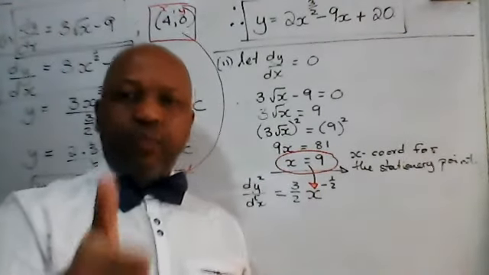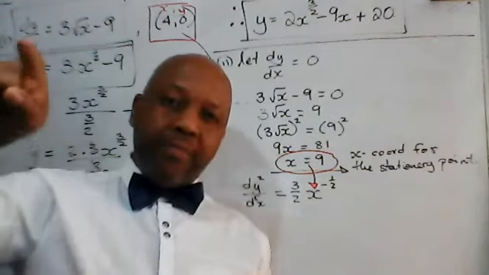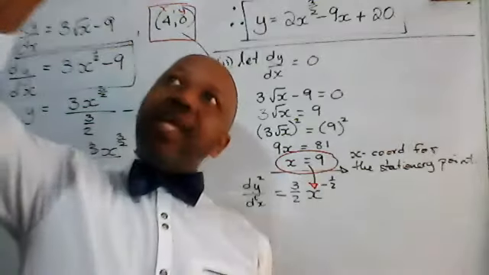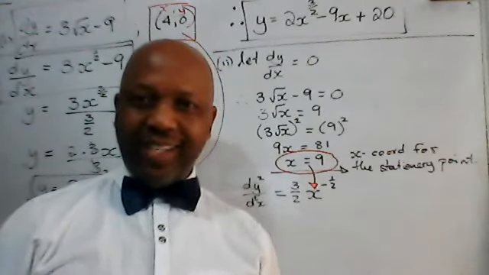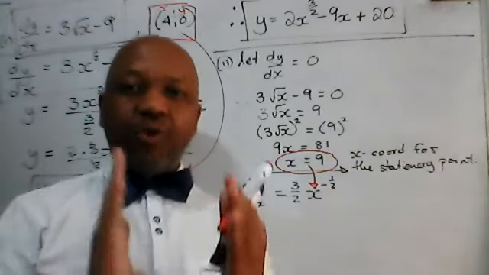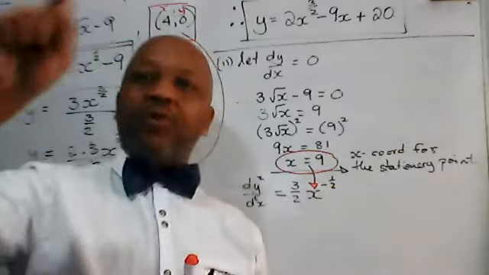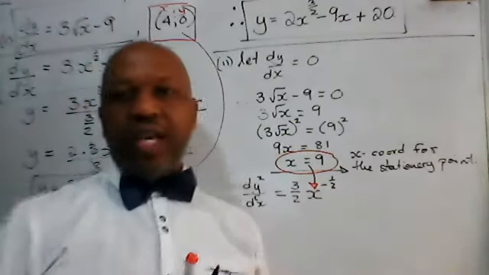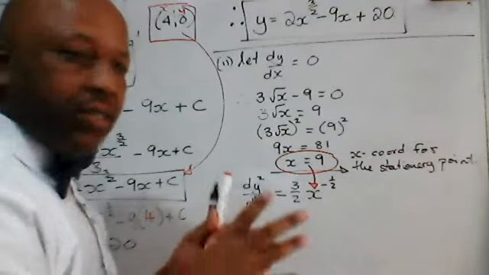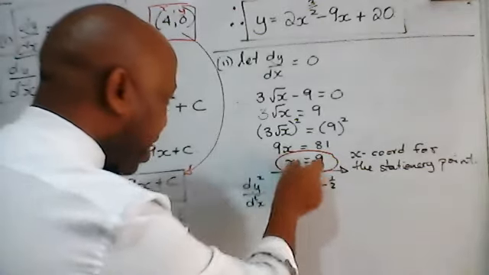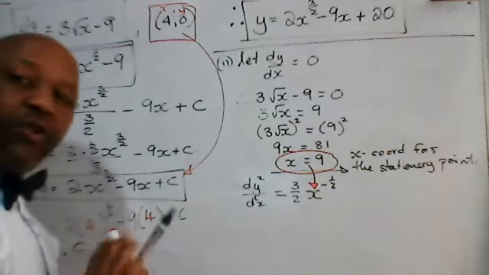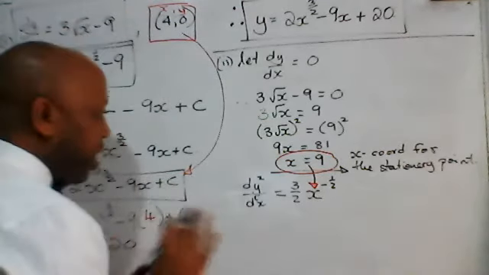If your second derivative is positive, you have a local minimum. If your second derivative is negative, you have a maximum turning point. Remember that d2y/dx squared tells you where the graph changes concavity, either from concave up to concave down or concave down to concave up. So rather than going on further, just take x equal to 9, substitute it in, analyze the sign, and you can conclude from there.